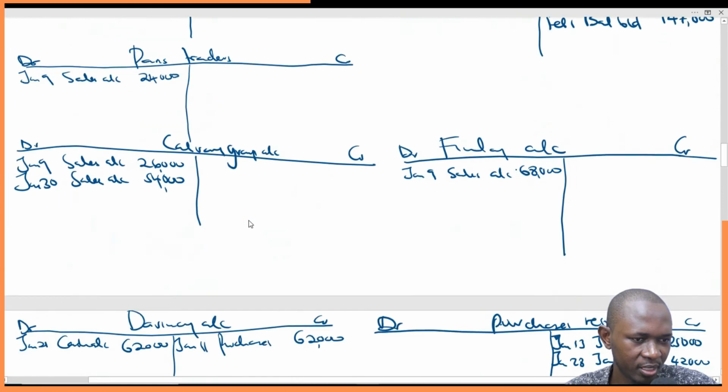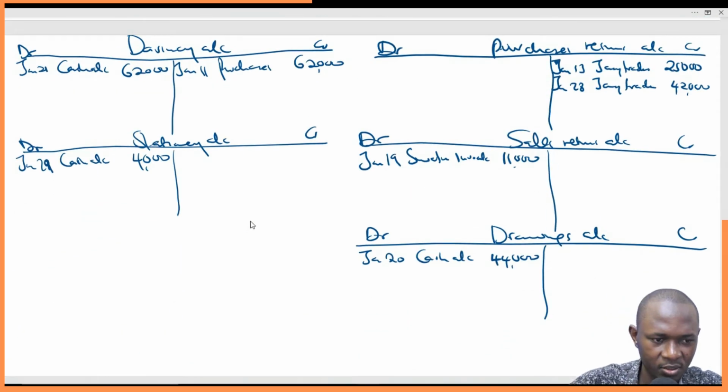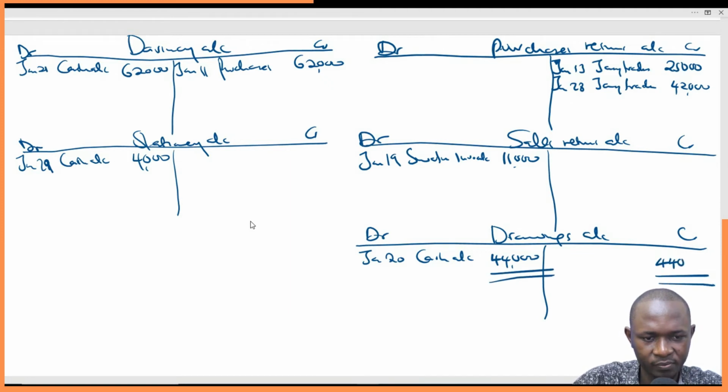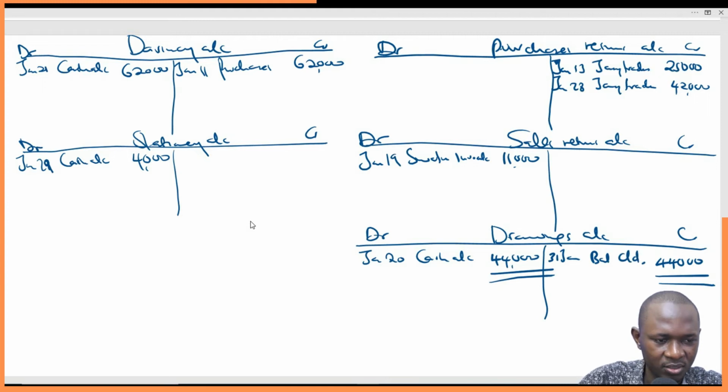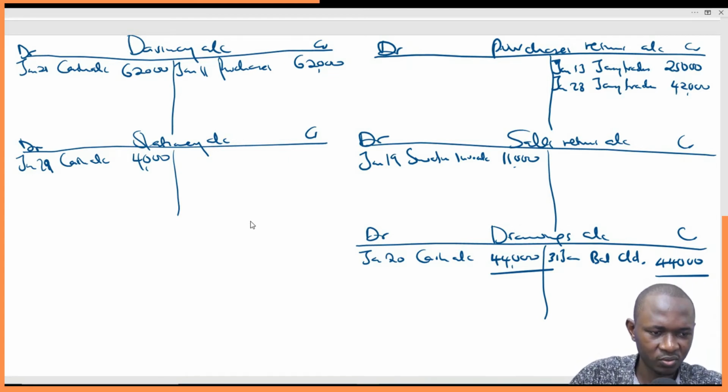So then, let's continue. This journey is not an easy one. So 44,000. This is 31st Jan, balance carried down. So 44,000 and then 44,000 again.